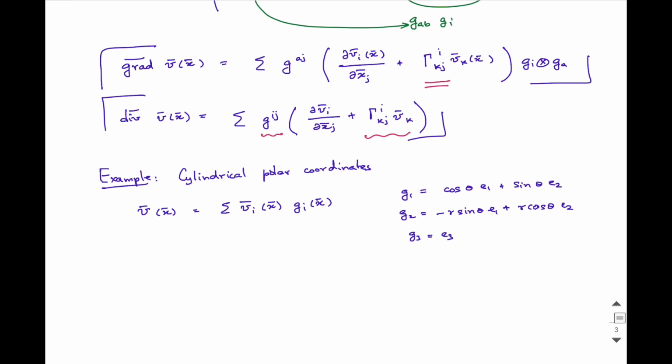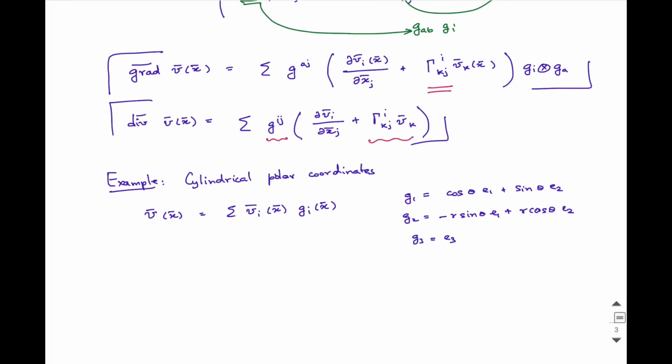Notice that these are not orthonormal, but only orthogonal. To make it orthonormal, we introduced this new basis e r, e theta, and e z. e r is the same as g1, e theta is g2 divided by r, and e z is the same as e3.